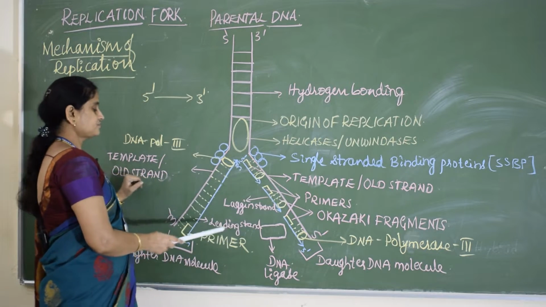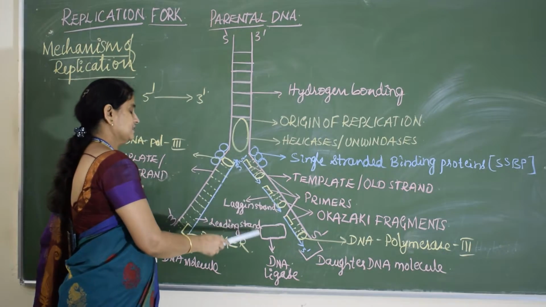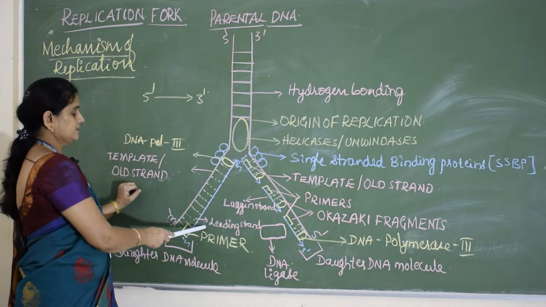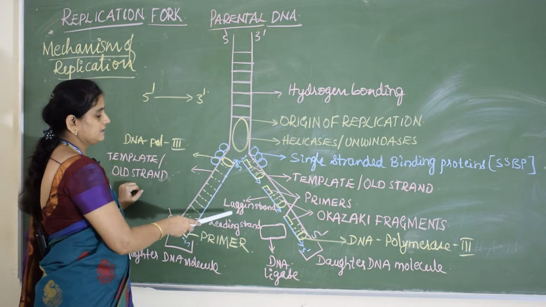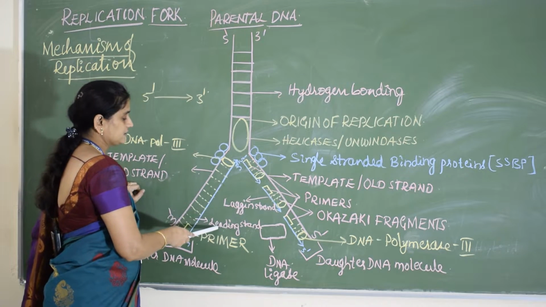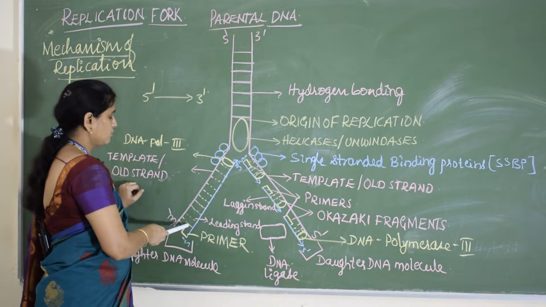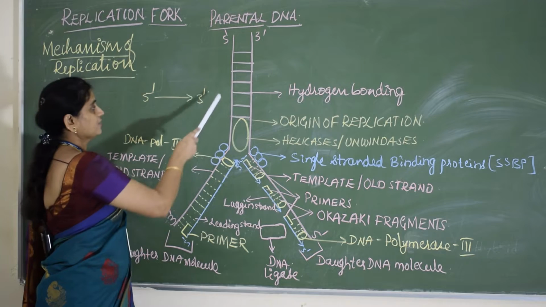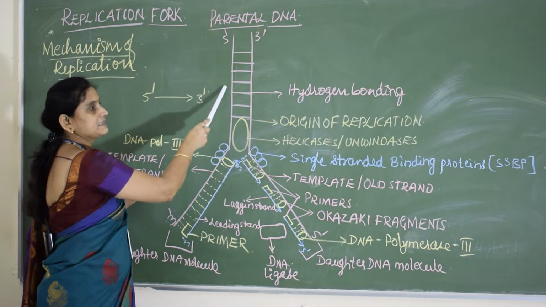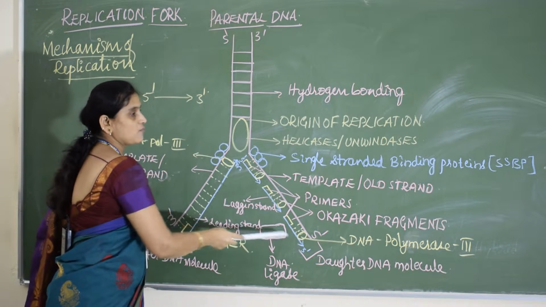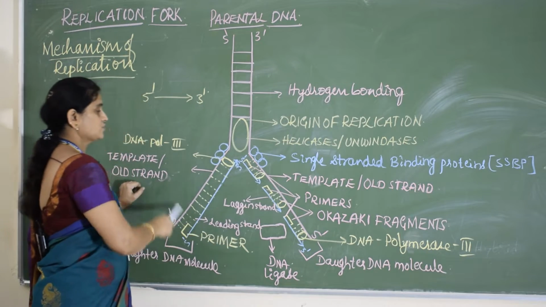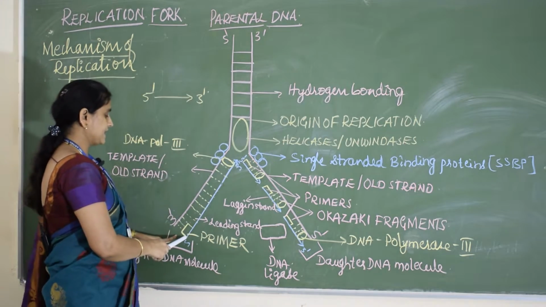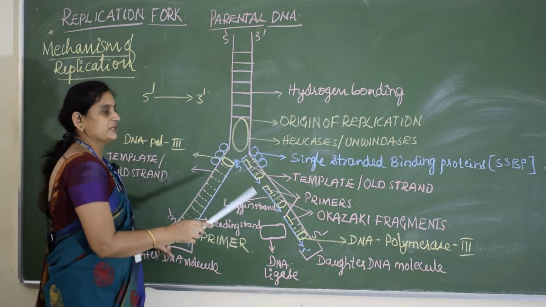Now what happens after all the Okazaki fragments are joined? The other strand is formed as the leading strand. Both the two daughter DNA molecules will get formed from the single parental DNA. Once the entire process gets over, next comes DNA polymerase 1.